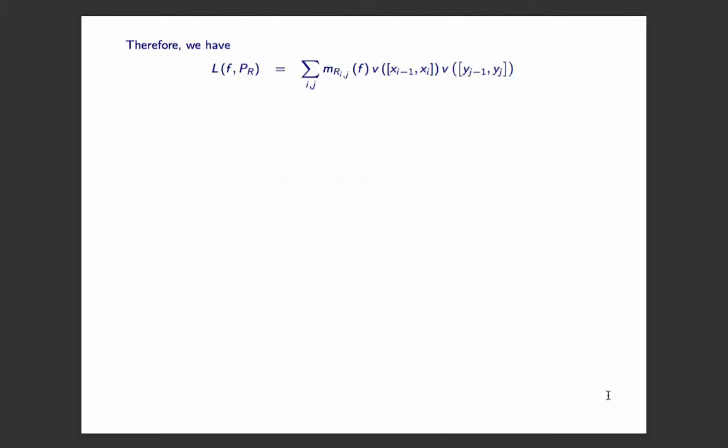So therefore we have the lower sum of f over a partition of R. So that's where we started. We know that this times this is less than this from our previous page, and then of course this term is in common.